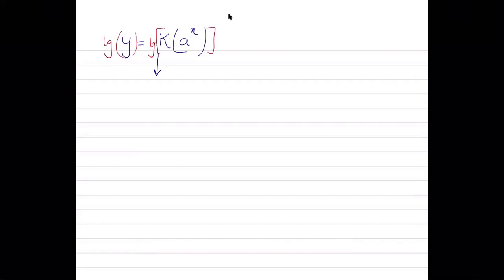So taking logs on both sides, this time it is going to be LGY. Michelle, how am I going to expand this? LGK plus LGA to the power of x. And then what will happen to this power of x? It will multiply LGA. Then I can just rearrange this.